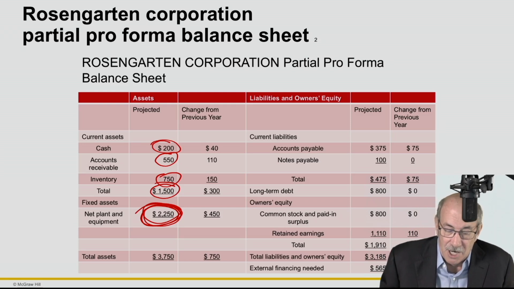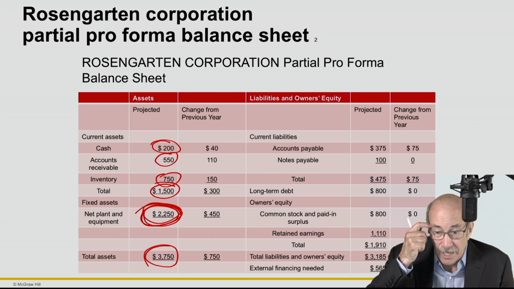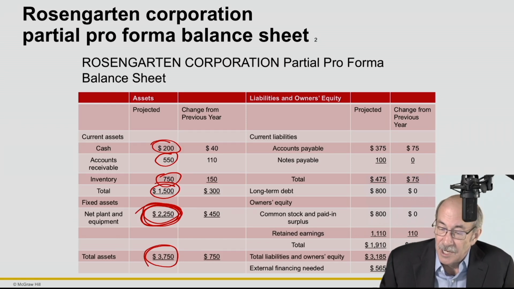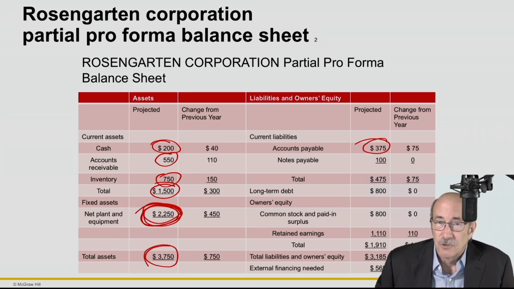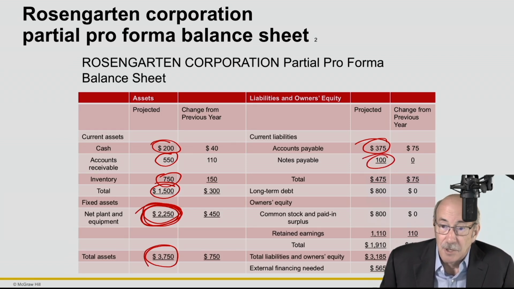All right, so this is going to leave us with $3,750 on the asset side. We had accounts payable varying directly with sales as well. We left notes payable the same. And so that means we have $475 in current liabilities. Then we've got long-term debt to deal with.